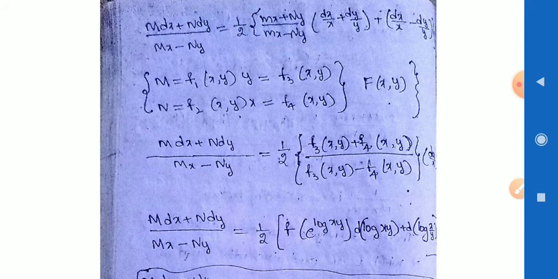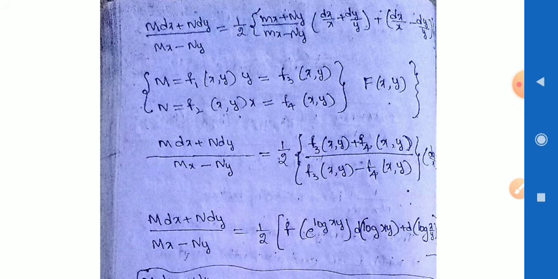Then here M is f1 of x comma y into y, which can be written as f3 of x comma y, and N is f2 of x comma y into x, which can be written as f4 of x comma y.